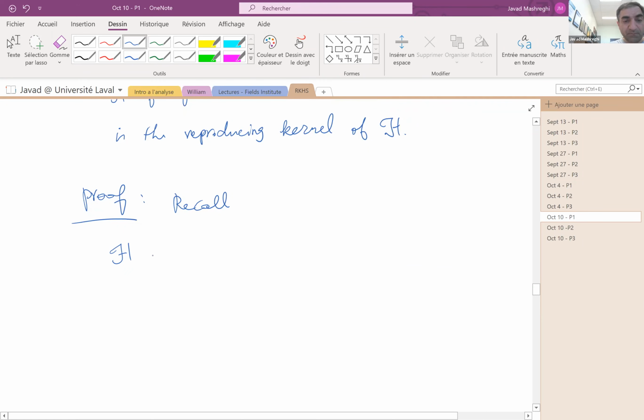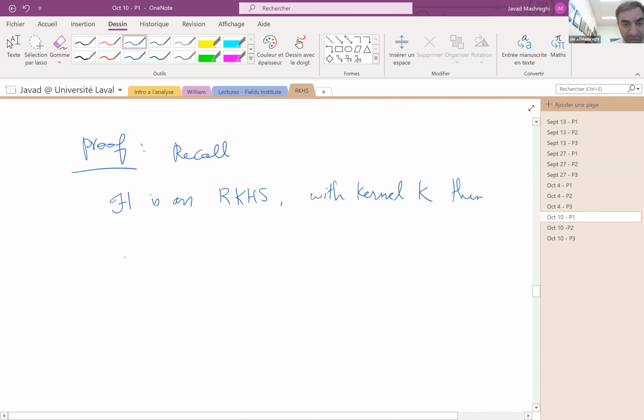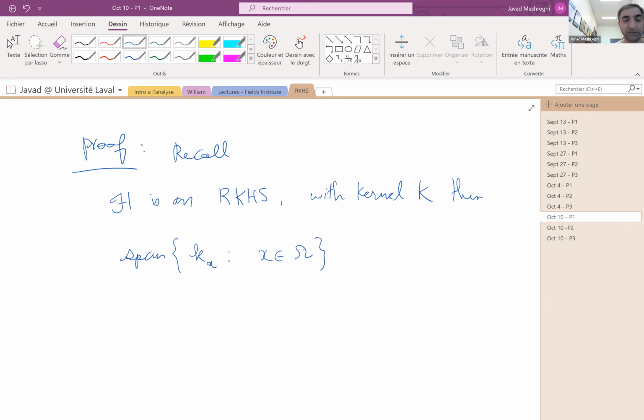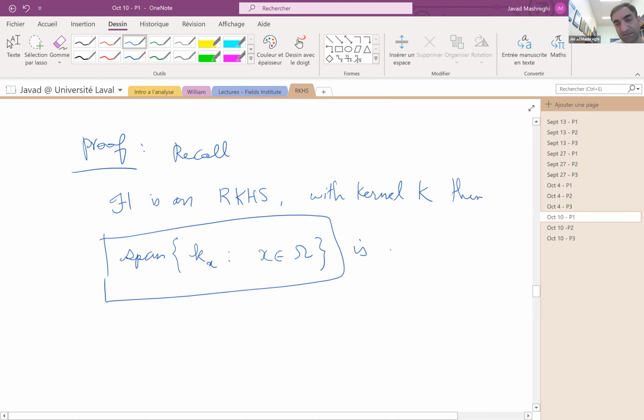If H is an RKHS with kernel K, then the span of the family little k_x, x in omega, I mean the collection of all reproducing functions at points, and then you make finite linear combinations with them, this set is large enough in the sense that it's dense in H. That's a result that we saw maybe 2 weeks ago.